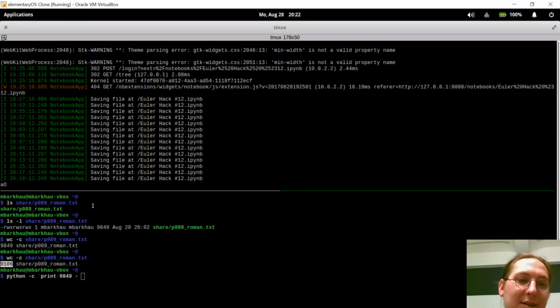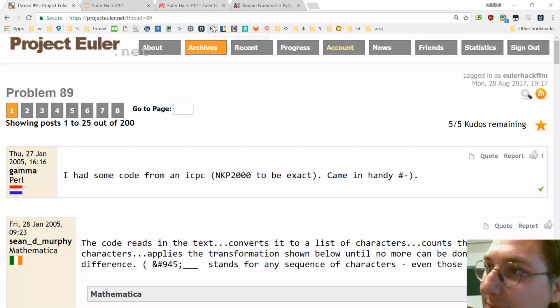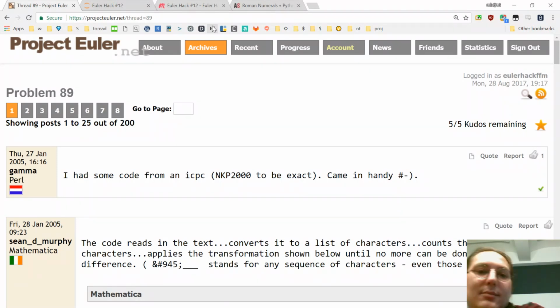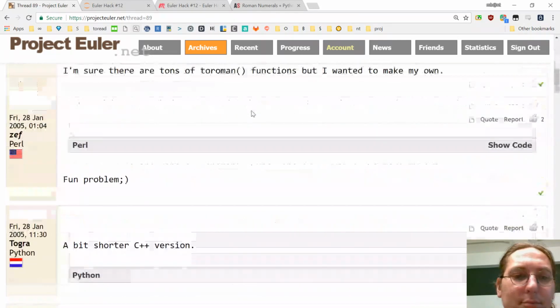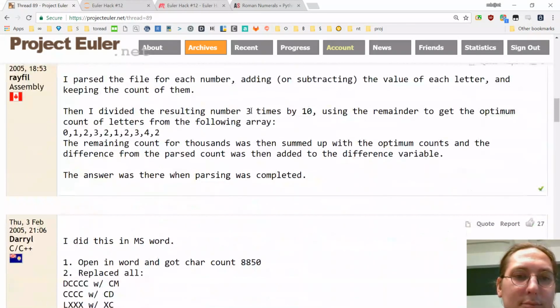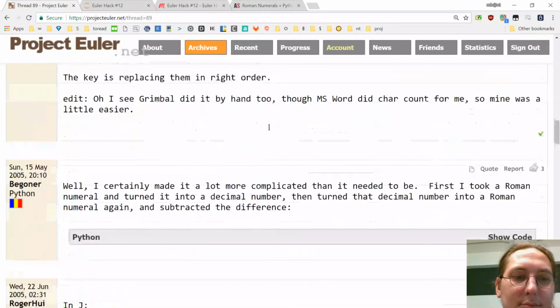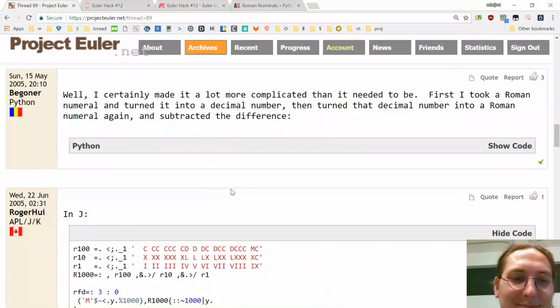You can also fill it in on Google. Is this a problem? Oh, this is another solution. Go down, see if you find the guy with the J solution again. Yeah, there he is.